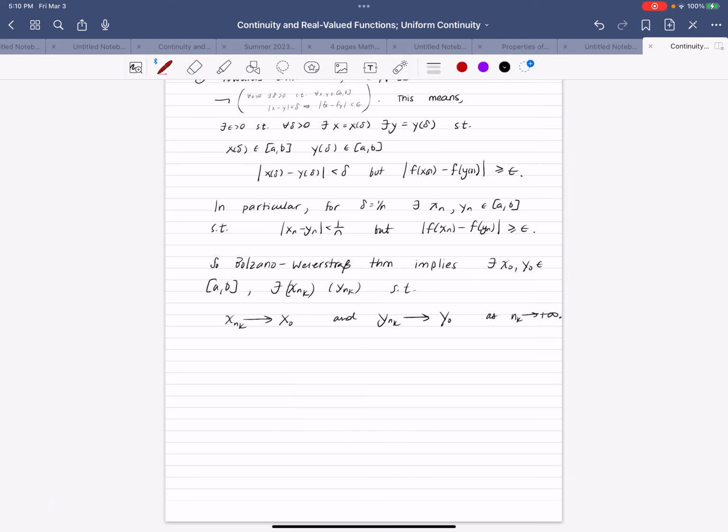Notice that for each nk, the distance between x naught and y naught is going to be less than the distance between x naught and xnk, plus the distance between xnk and ynk, plus the distance between ynk and y naught.